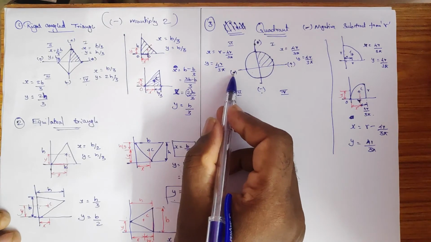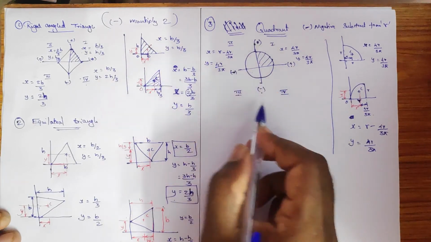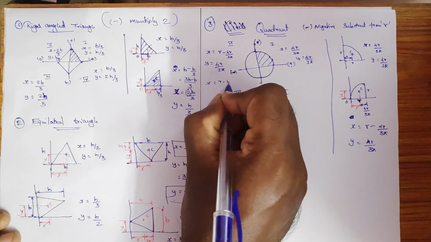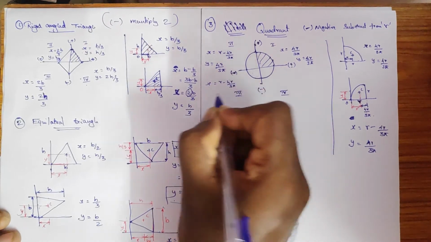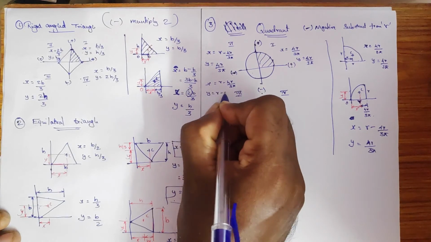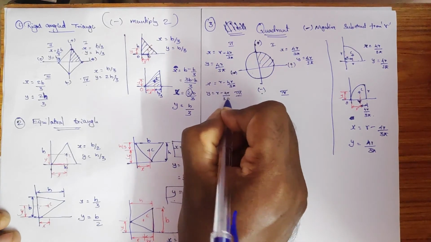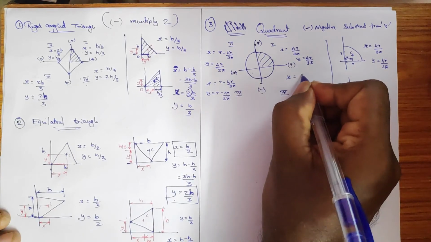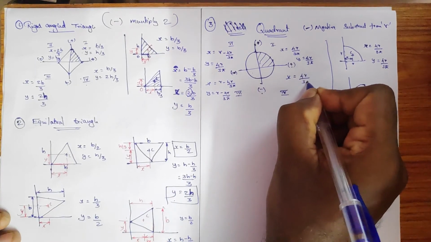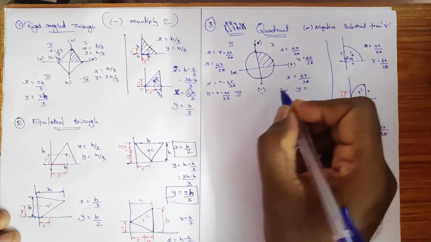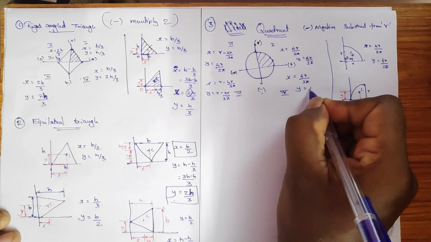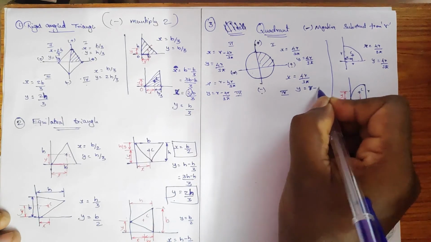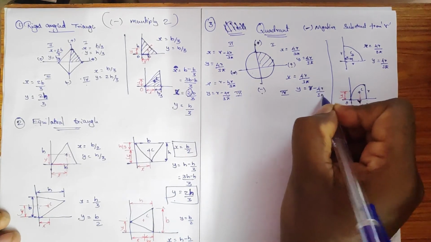So here in the third quadrant, both the terms are negative, right? So x is r minus 4r by 3 pi, y is also r minus 4r by 3 pi. And here in the fourth quadrant x is positive, so 4r by 3 pi, and for y which is negative, what I said, r minus 4r divided by 3 pi.